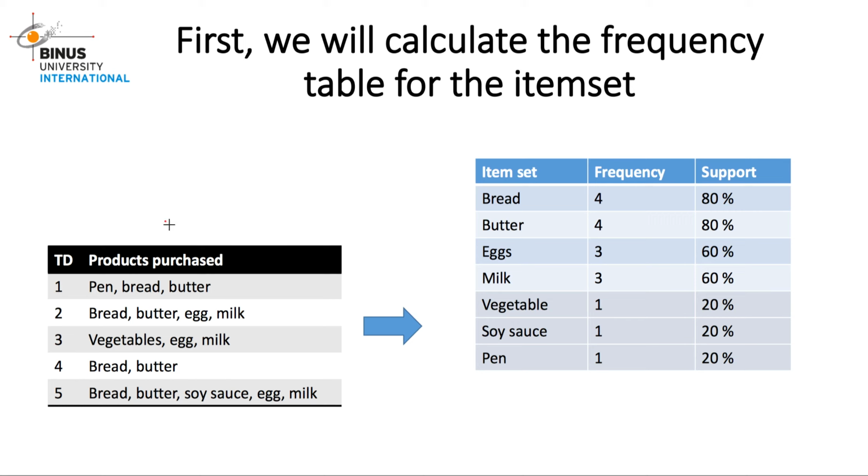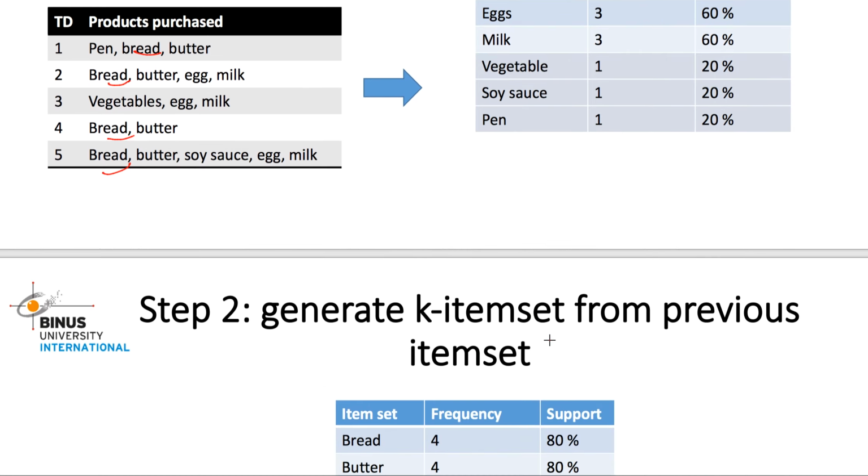So we have this table, the frequency table. For example, bread, the support is 80% because 4 out of 5. Bread: 1, 2, 3, 4. Right? We have 4. Okay, and so on. Next.